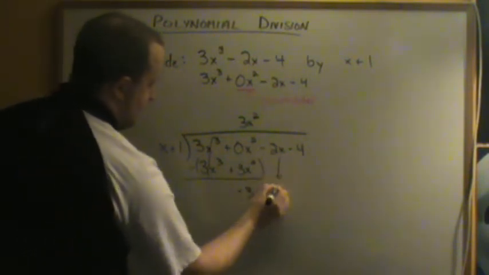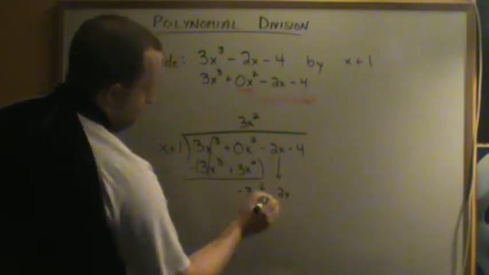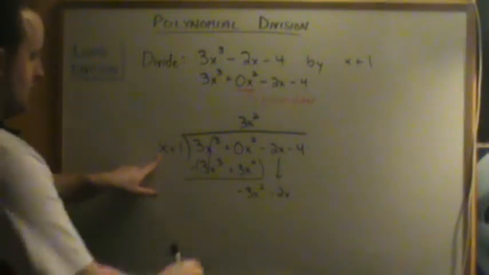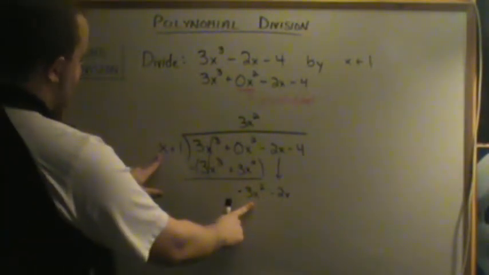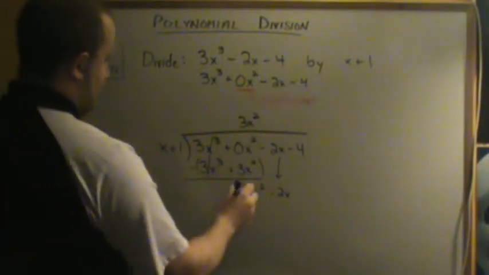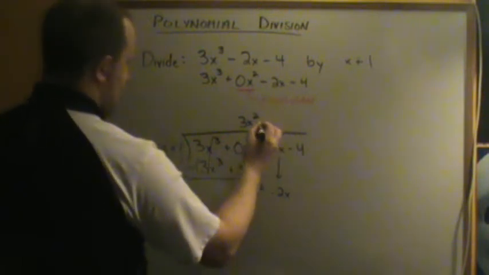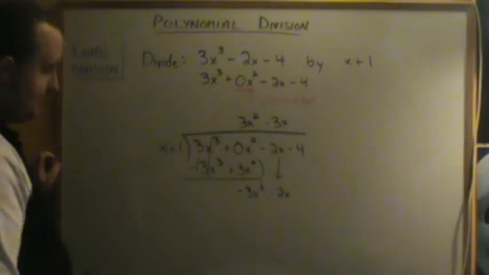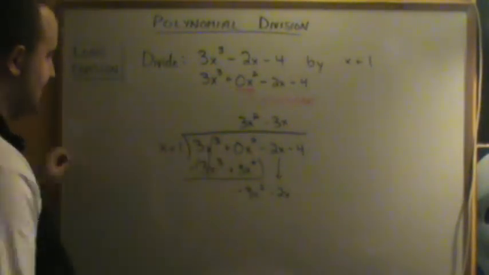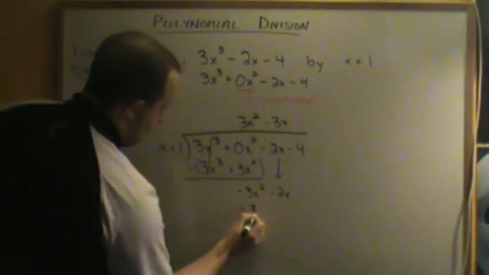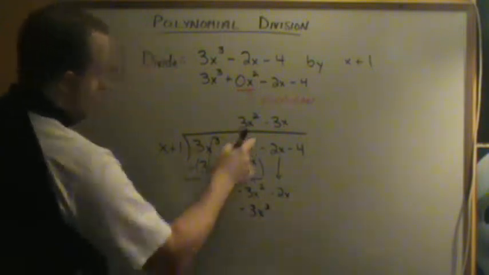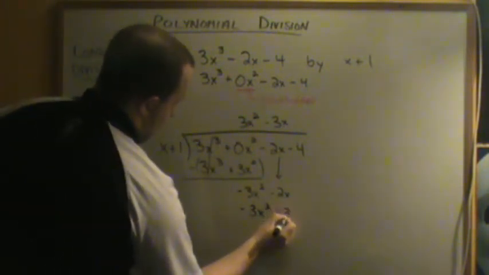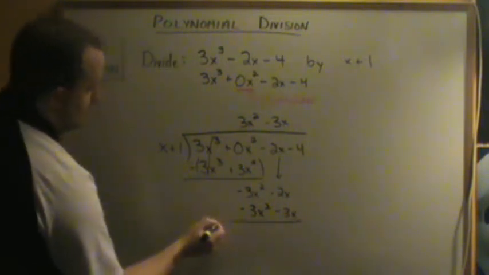Bring down the minus 2x, and keep asking yourselves the same questions. Well, negative 3x times x gives you negative 3x squared. Negative 3x times 1 is going to be negative 3x. So we have negative 3x squared minus 3x.